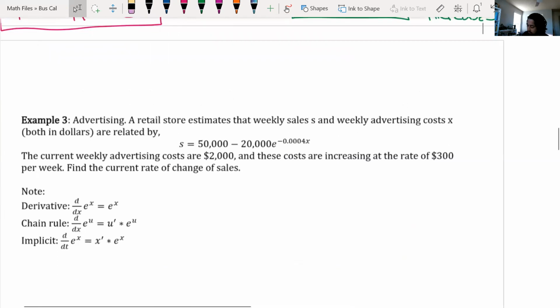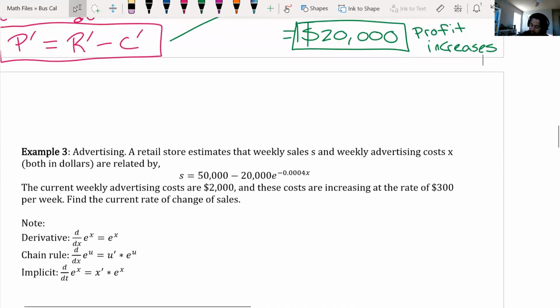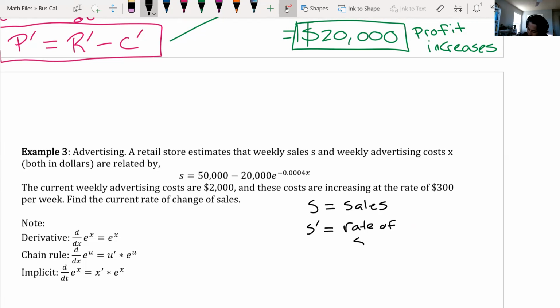Okay, so again, let's label everything we know before we begin. Here it's telling us that sales is S. So S represents sales. That means that S prime would represent the rate of change of sales.